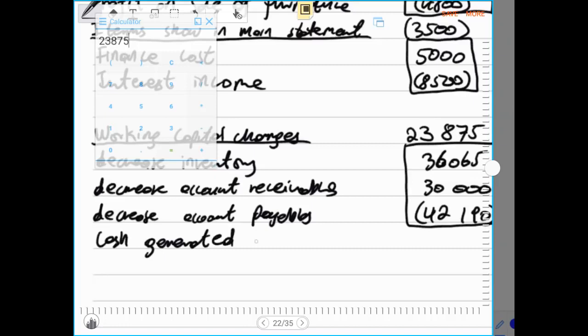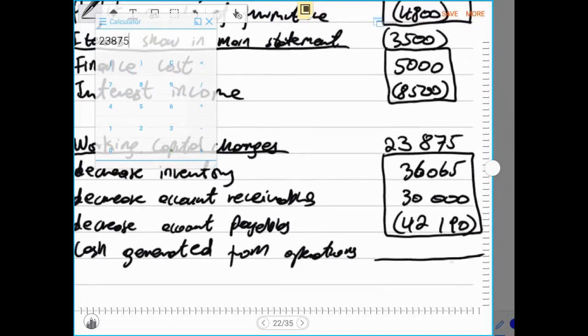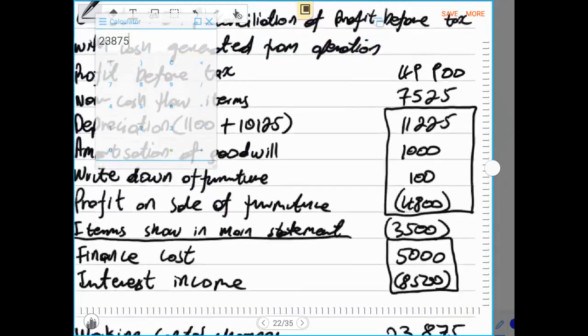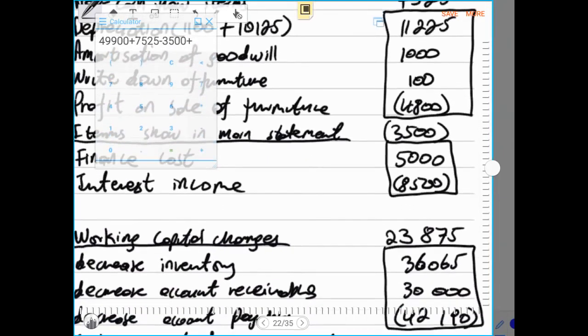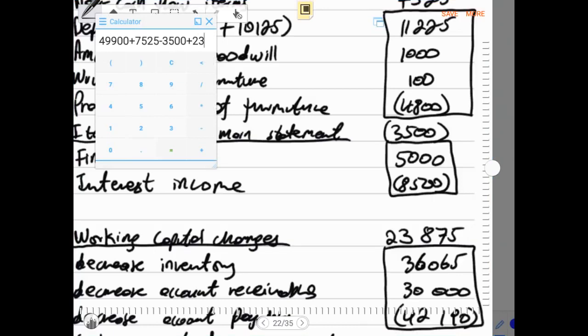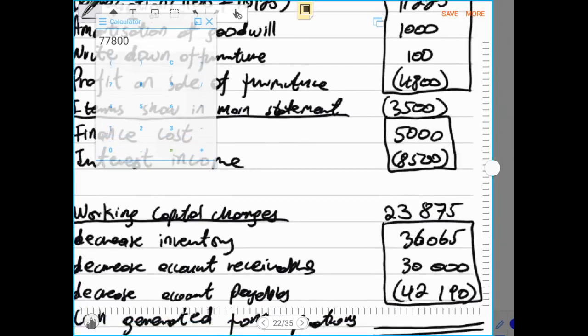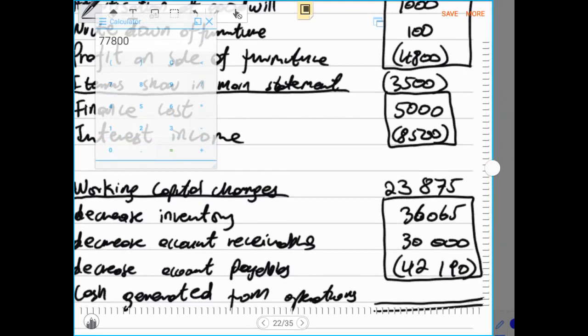Cash generated from operations will be the net profit before tax of 49,900 plus 7,525 minus 3,500 plus 23,875, and this will give us 77,800.